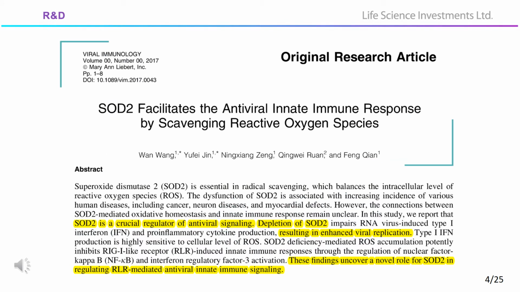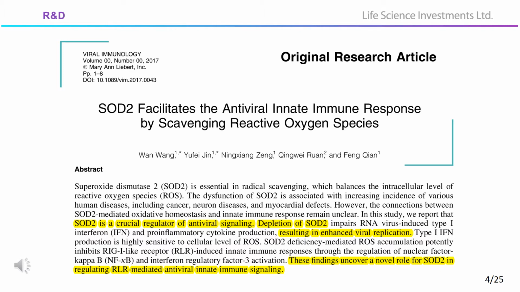This paper is also detailing how superoxide dismutase may favor the antiviral innate immune response, and this is by scavenging ROS, free radicals.